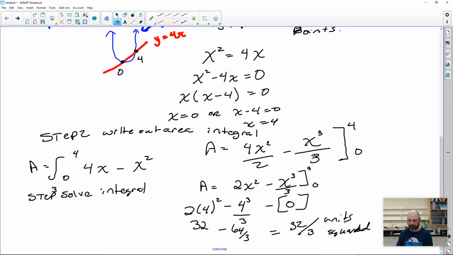Almost forgot that 3 there, so make sure you put that in. And if you're not sure how to do this, just change this into thirds, times it by 3. So this times 3 would be 96 over 3, subtract 64 over 3. And that's how you do the first example.